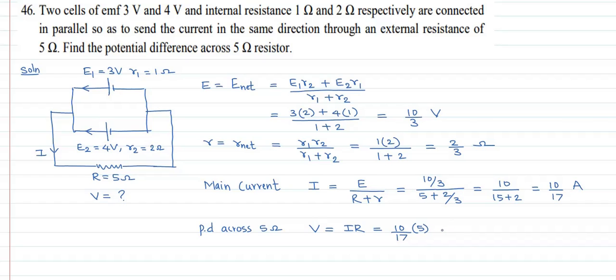So you will have 50 divided by 17. Divide 50 by 17, you will have the answer, 2.94. So this is equal to 2.94 volt.